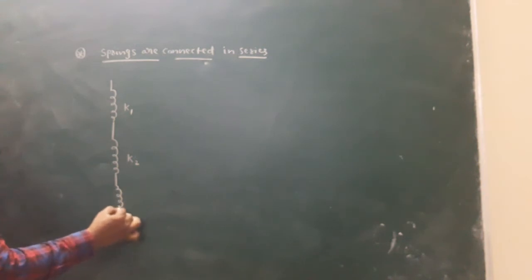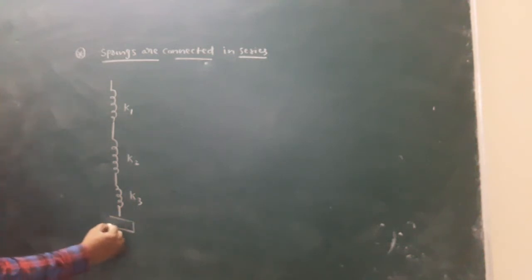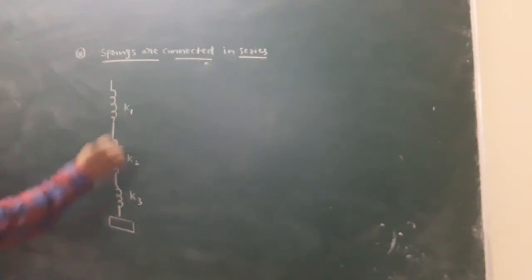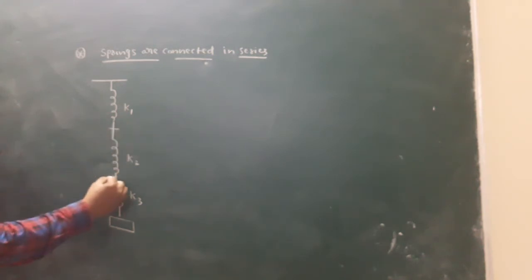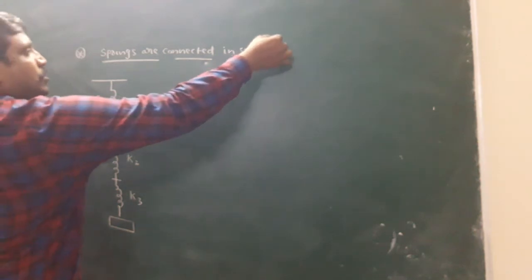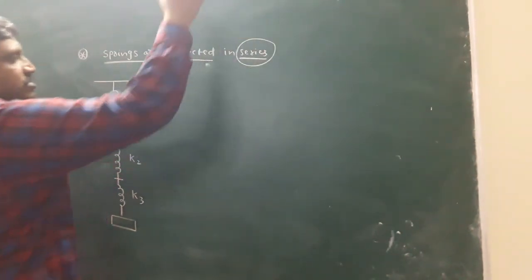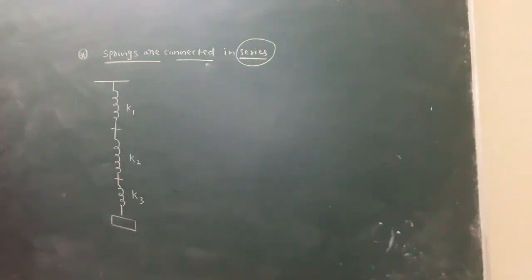This is another spring, spring constant is K3. In this situation, load is applied at one end and the other end is fixed. All the springs are connected end to end. This combination is called series combination.